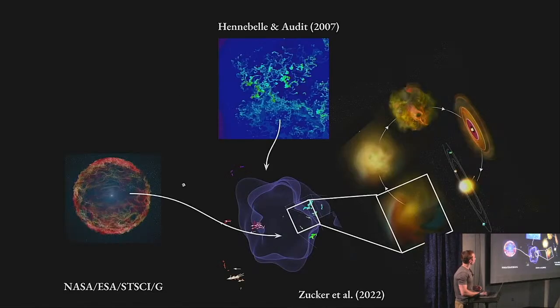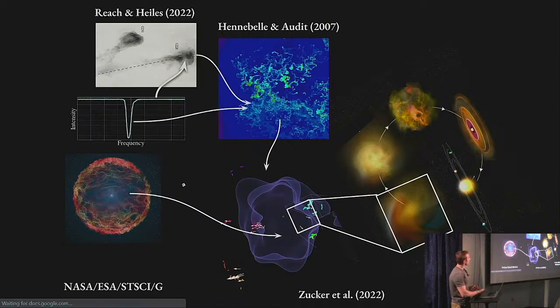We then said that this gas is expanding into a diffuse medium, and that this diffuse medium is shocked and turbulent. And understanding how shocked this material is and how turbulent the diffuse ISM is crucial, because this sets the stage for the rest of this to happen.